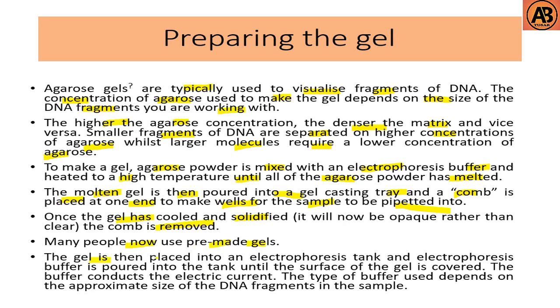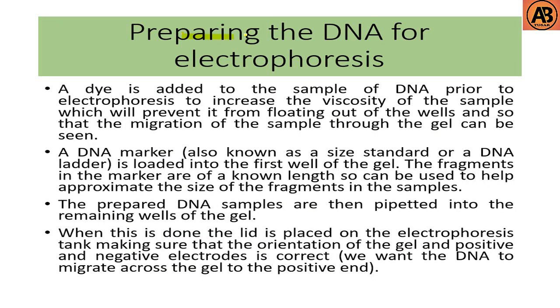The gel is then placed into an electrophoresis tank, and electrophoresis buffer is poured into the tank until the surface of the gel is covered. The buffer conducts the electric current. The type of buffer used depends on the approximate size of the DNA fragments in the sample. So this is the step of preparing the gel, and the next step is preparing the DNA for electrophoresis.